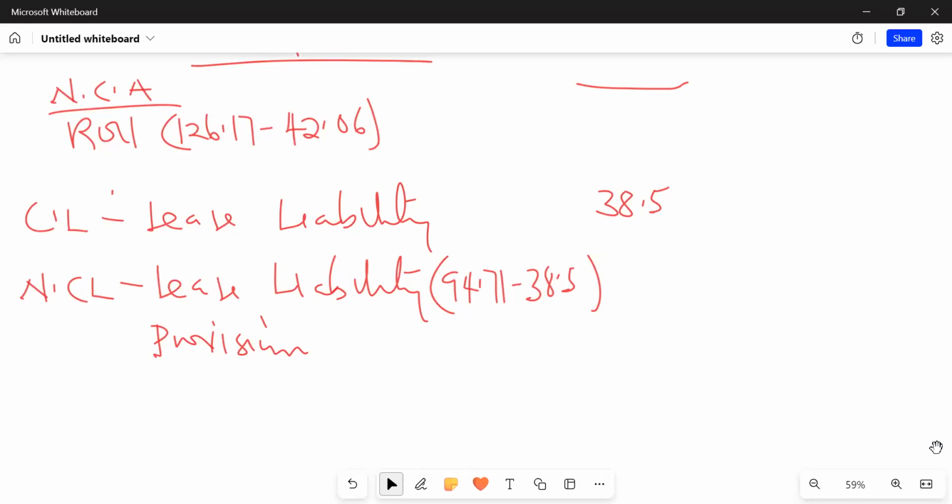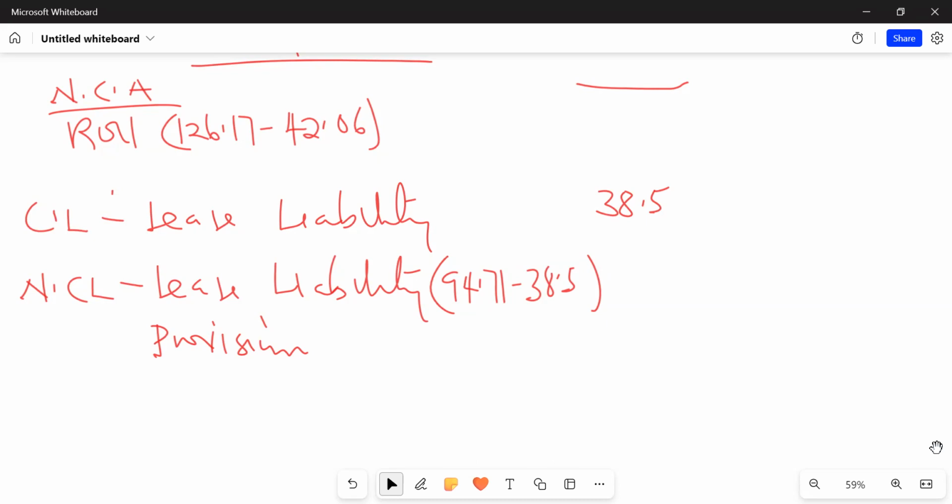So we don't do anything as the present value or the future value of the 38.5. The 38.5 will be paid on the next day. Today and the next day, they are just like the same day. So you are going to pay 38.5, which at the same time is the present value.